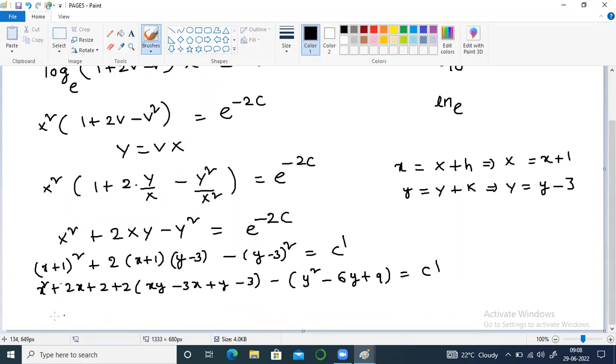So x square terms, you take first x square, any x terms, 2x, that's it. Here is minus 6x, 2 into minus 3x, minus 6x plus 2x, minus 4x.